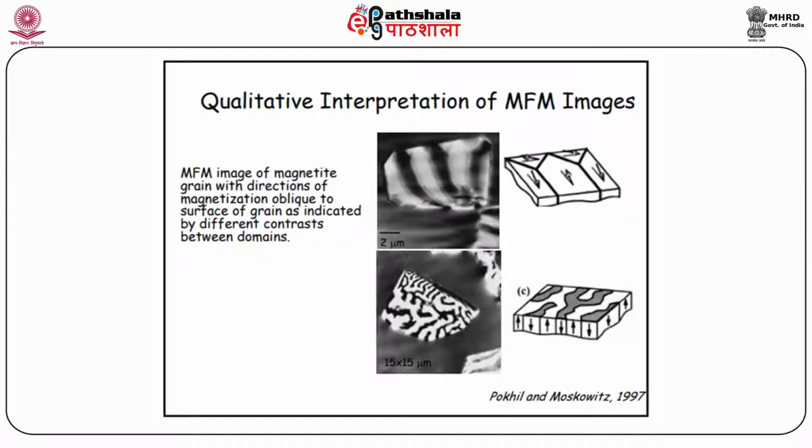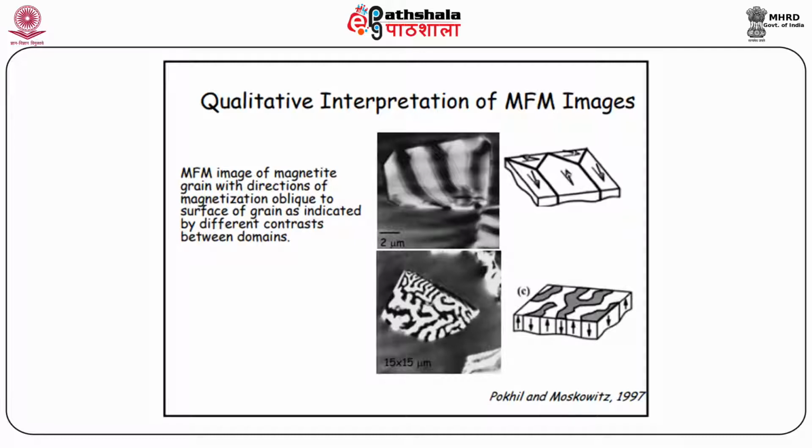Qualitative interpretation of MFM images. Two images have been shown here for the benefit of learners. MFM images of a magnetite grain with directions of magnetization oblique to the surface of the grain, as indicated by different contrast between domains.